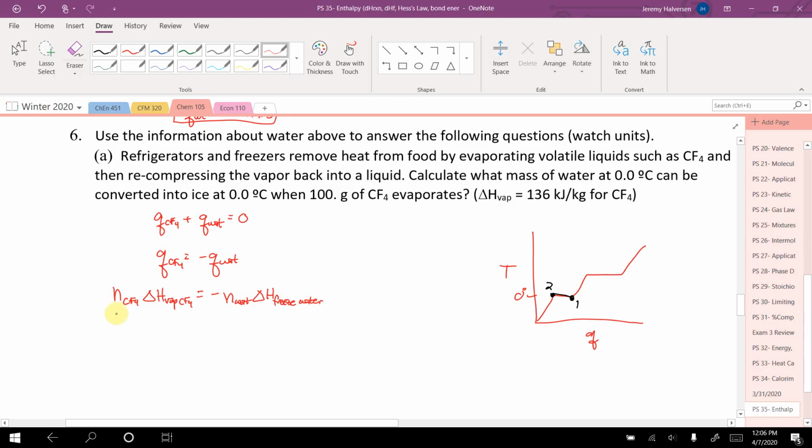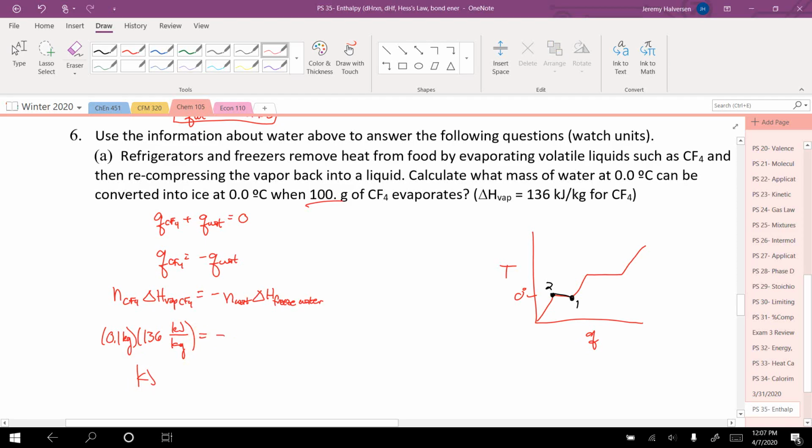If they tell me how much CF4 I have, they tell me the delta H of vaporization of CF4. So I've got this side of the equation. Let's plug those in. I've got 136 kilojoules per kilogram, my delta H vaporization, and I've got 100 grams, so I'm going to change that to kilograms so that the units work. Now this side of the equation is kilojoules.